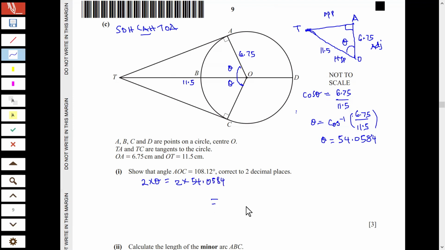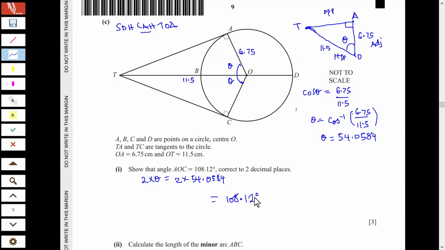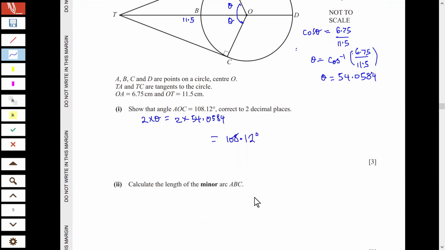And you're going to get 108.12 degrees as the final answer to this.